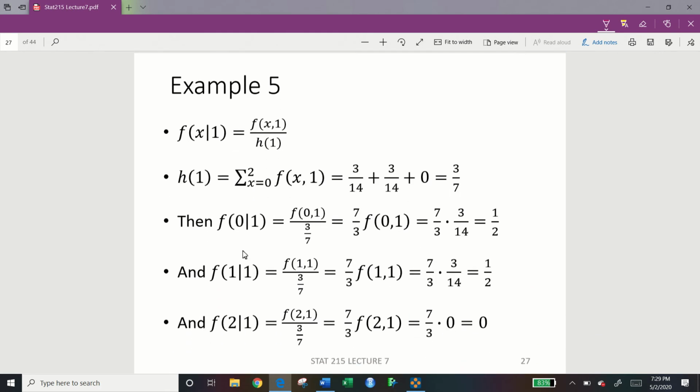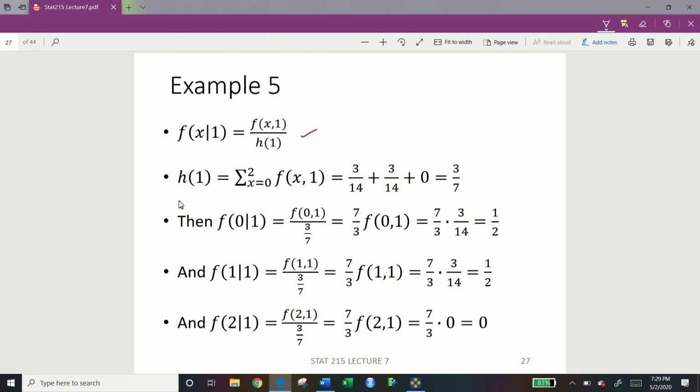So, using our formula, f(x | 1) is going to equal f(x, 1) over h(1). h(1), if we remember, is going to be the summation of x equals 0 to 2 of f(x, 1).